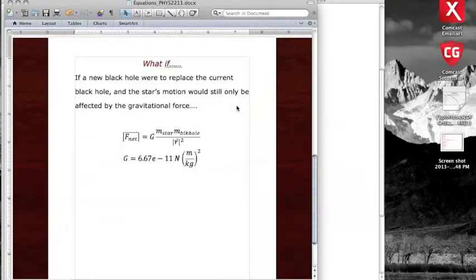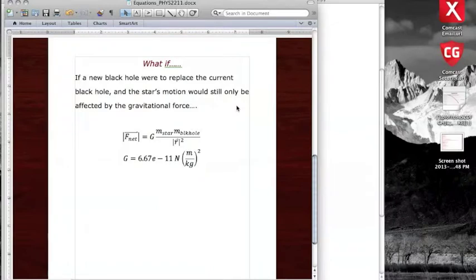You may wonder, what if a new black hole were to replace the current one, but the star's motion would still only be affected by the gravitational force? What would happen then? Could the black hole be of a different mass?